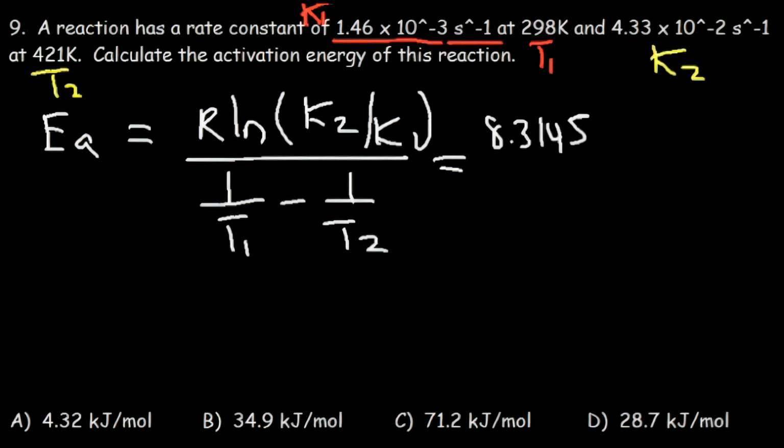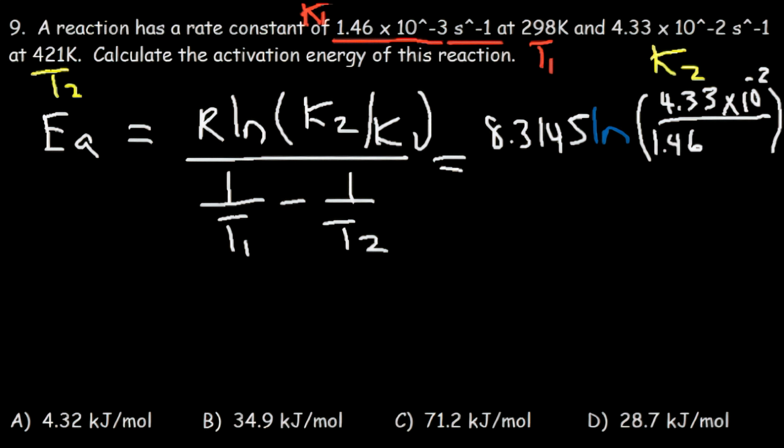And then it's going to be the natural log of K2 over K1. So K2 is 4.33 times 10 to the minus 2, and K1 is 1.46 times 10 to the minus 3. And that's a terrible looking 3.